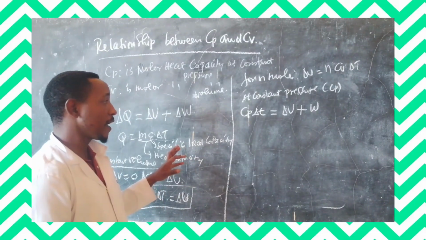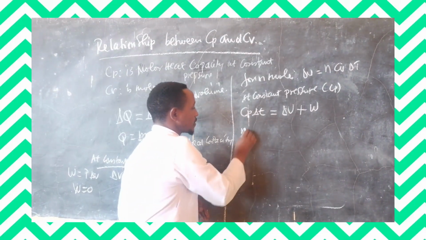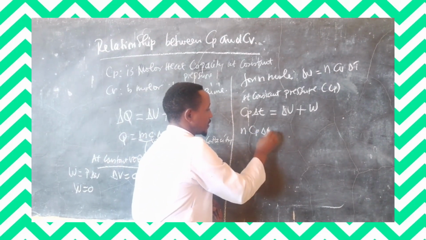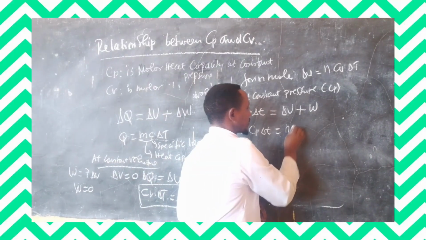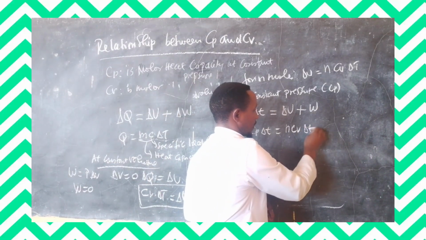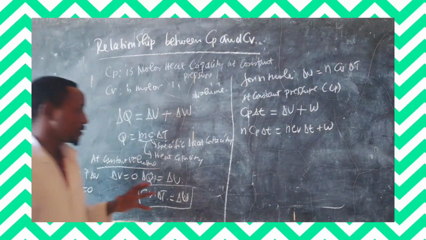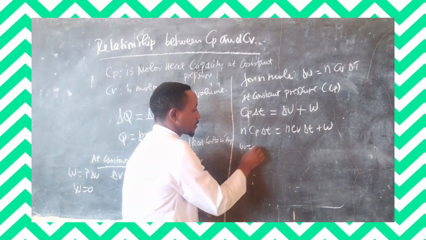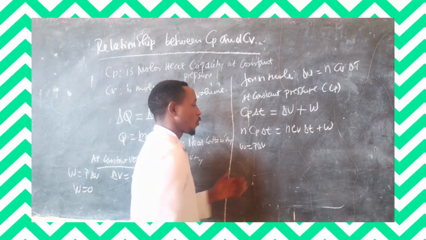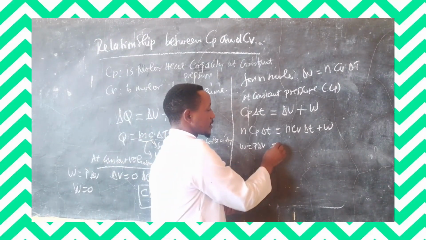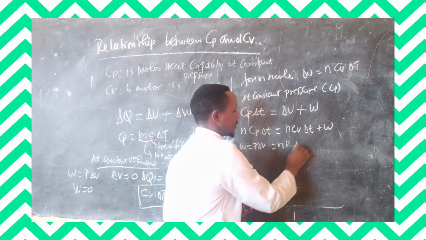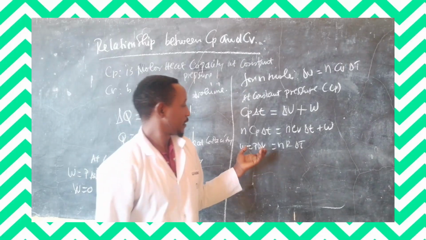So mCp dT is equal to mCv dT plus work. From the ideal gas, work is equal to P dV, which by the ideal gas law is the same as nR dT. So this is the work.